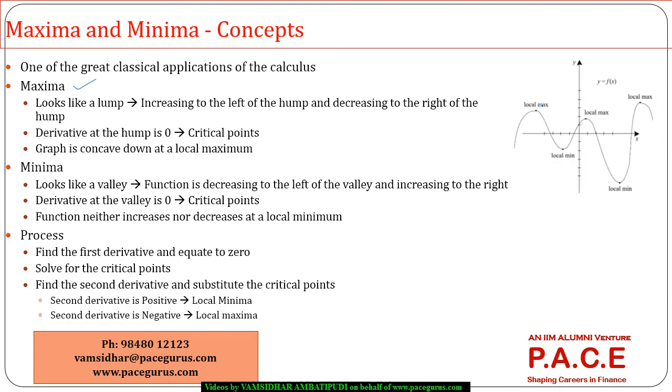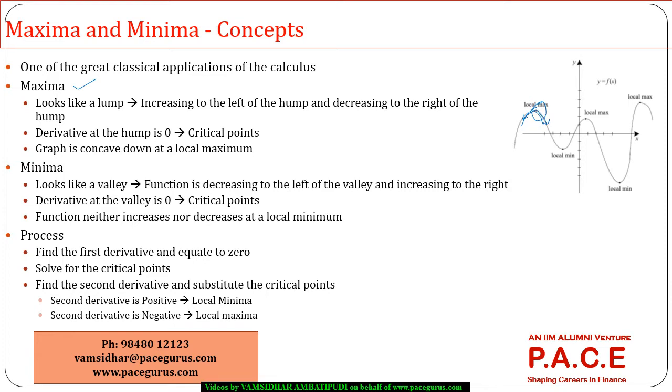For that, what is maxima? Wherever you are looking at a maximum value, it looks like a hump, wherein the value before the hump is increasing up to the hump, and after that there is a decrease. That is where the maximum will occur.